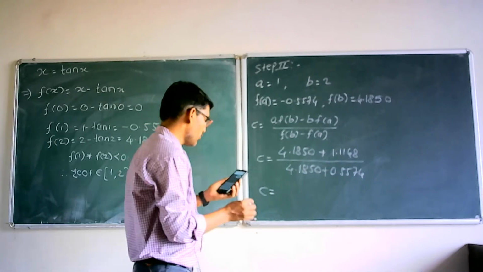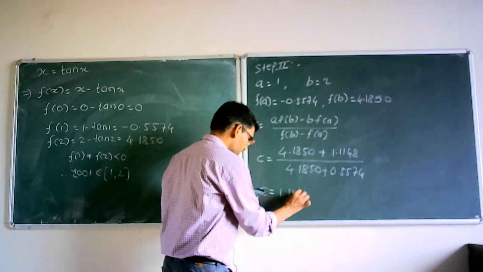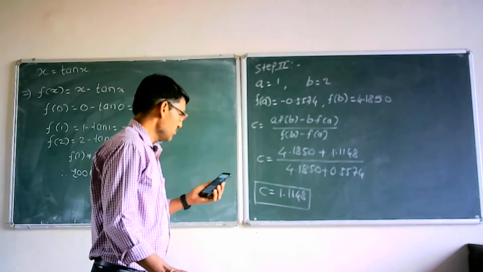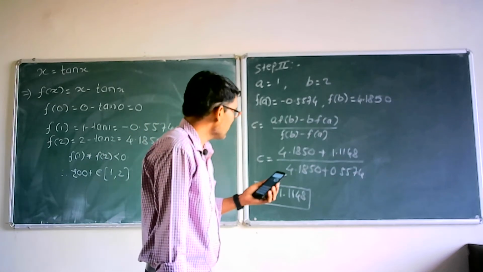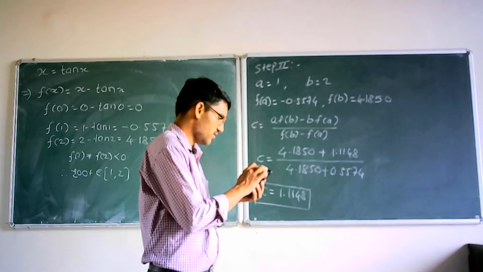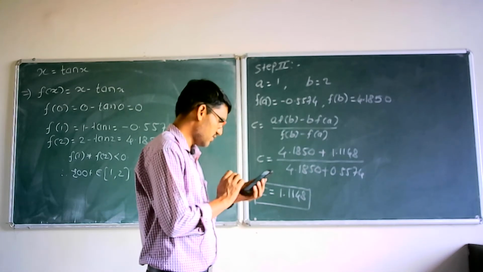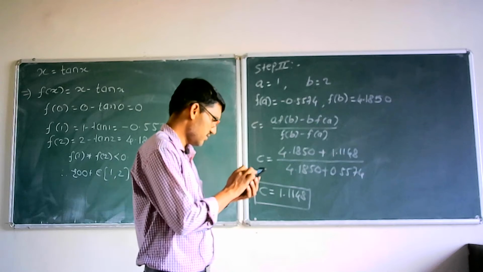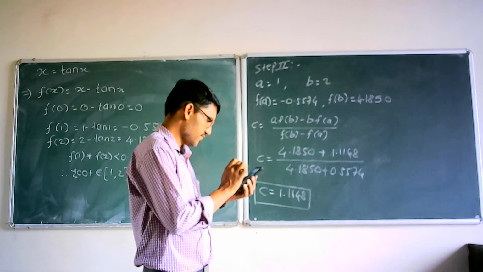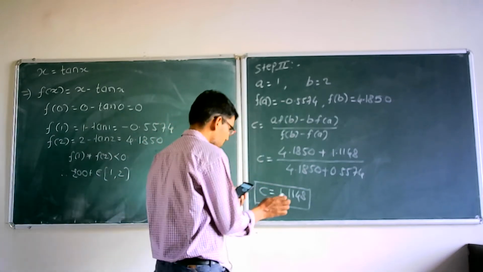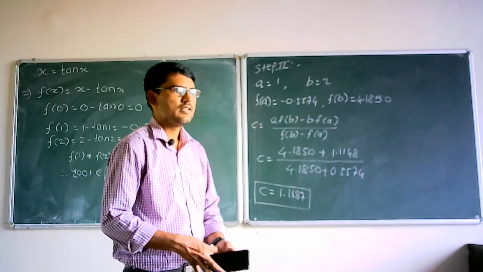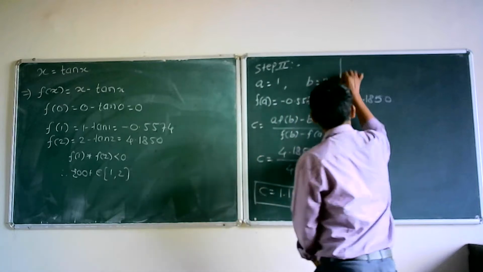So it is equal to 1.1187. Now next we want to check whether c is our given root.